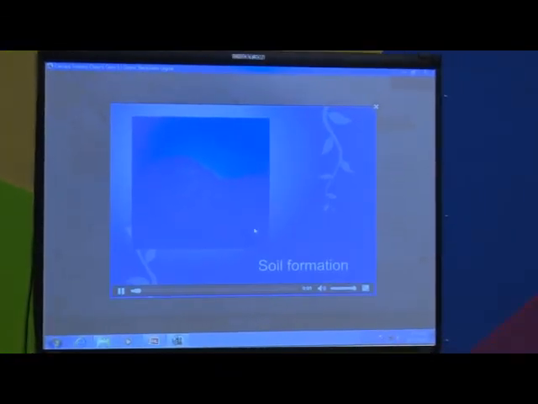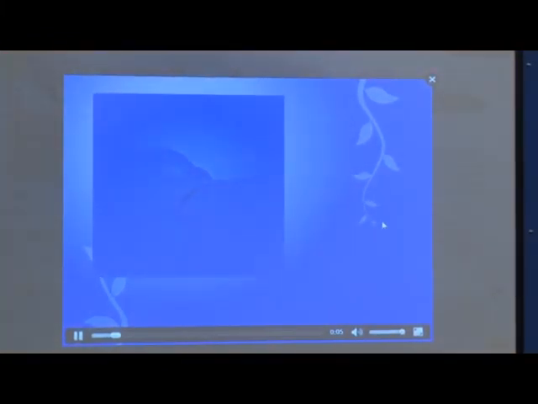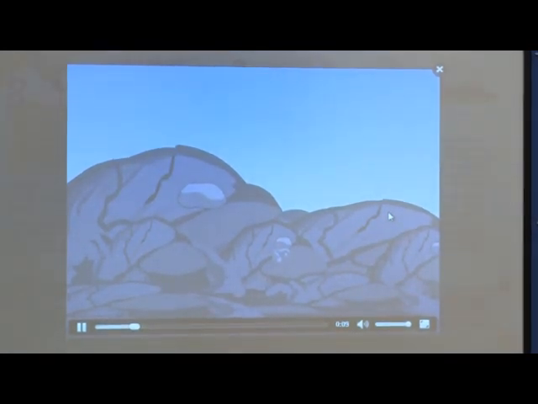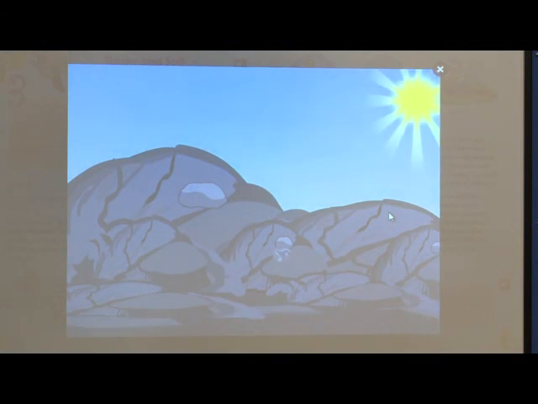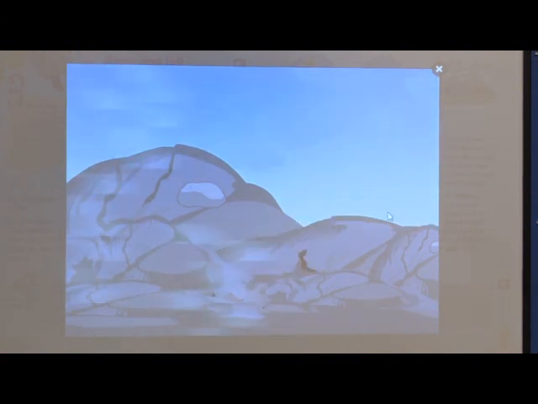Soil formation. Long ago, there were only rocks on the earth. Heat from the sun and the force of the rain and wind broke these rocks into smaller pieces. Over time, these forces made the small pieces of rocks still smaller.